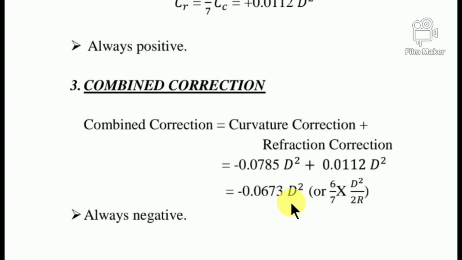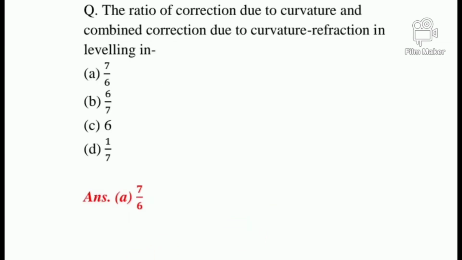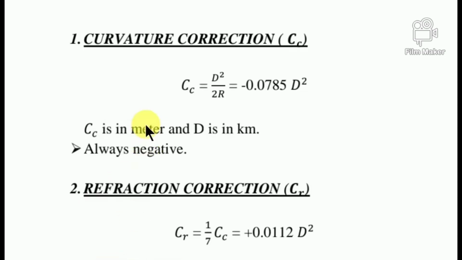So both the minus signs will get cancelled, D square will get cancelled, and then we get the value as 7 by 6. Or you can do it in another way also, the easy method I'll tell you: curvature correction is D square by twice R divided by combined correction.